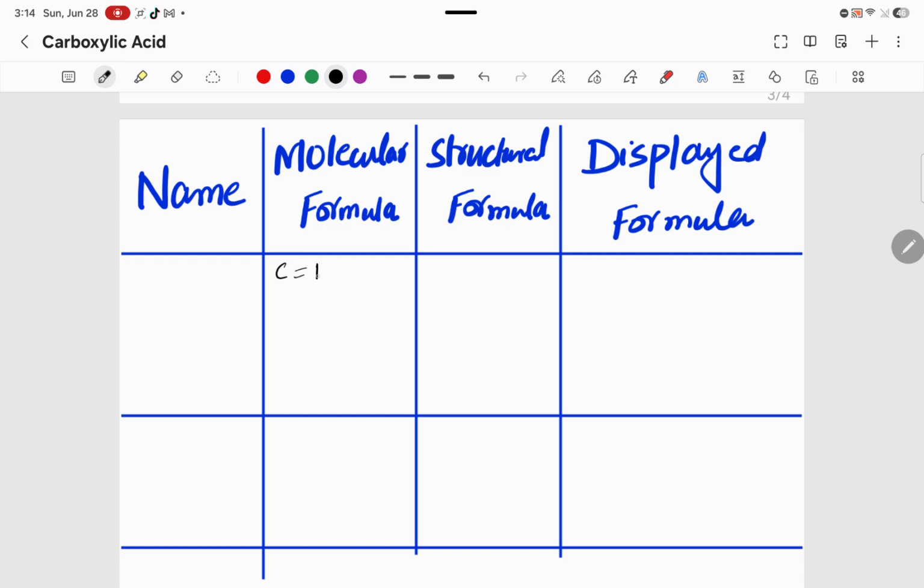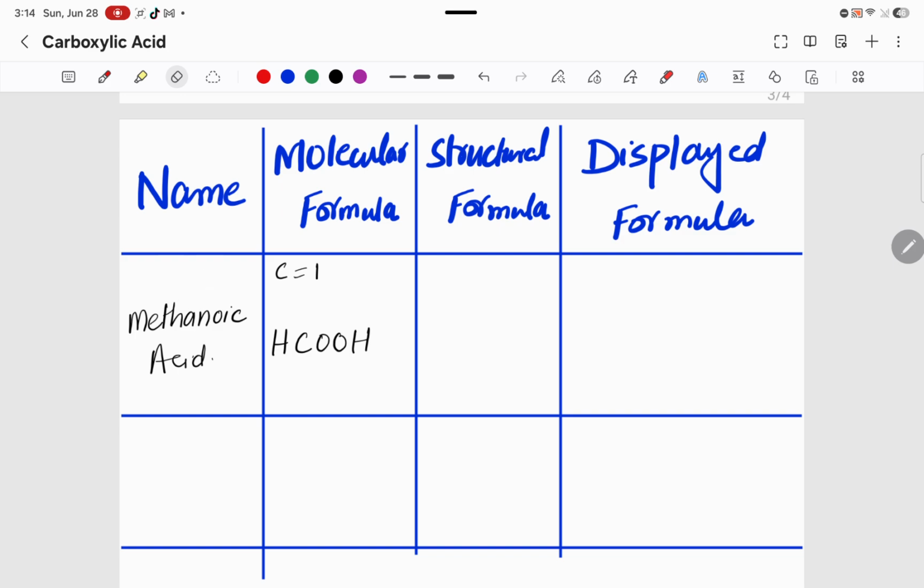The first carboxylic acid has carbon number 1, so I will just write carbon 1, that is already part of the molecule, so I will just have to put H over here. What would be the name? Methanoic acid. What did I do? It is methane basically, so I just cut E.